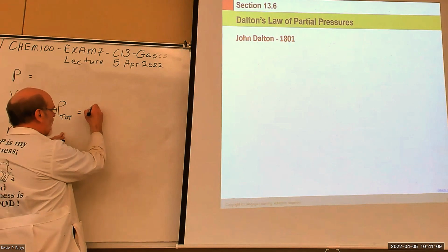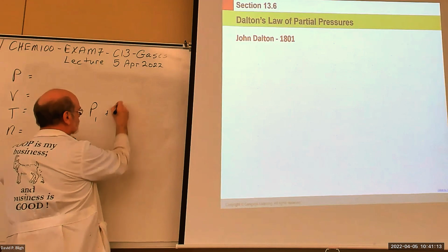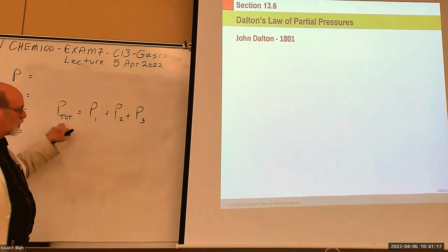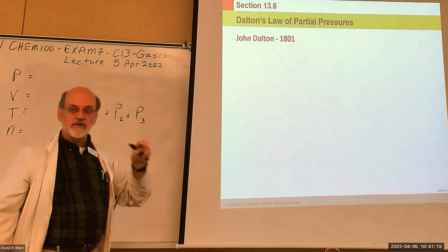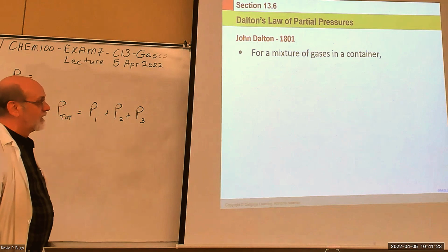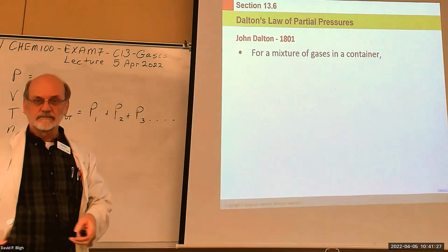So if this gas produces that pressure, and this gas produces that pressure, and this gas produces that pressure, the total is the summation of each of those partial pressures. And this can go out as far as you need it. There's no limit.